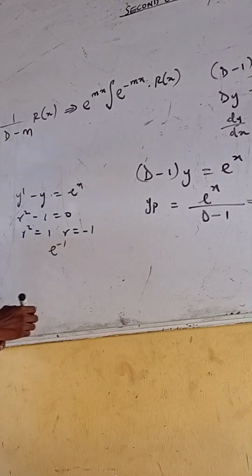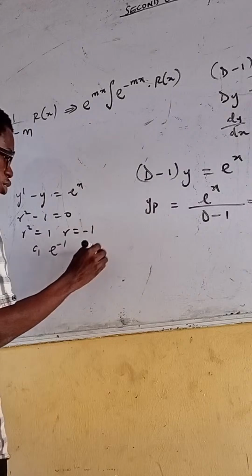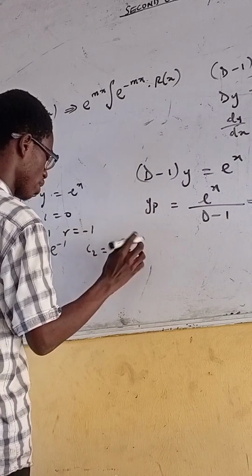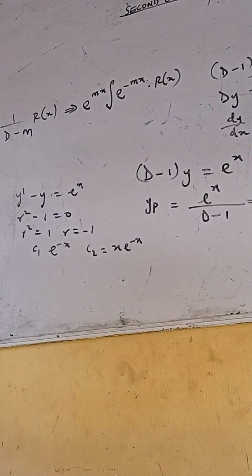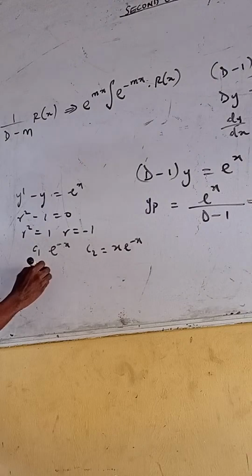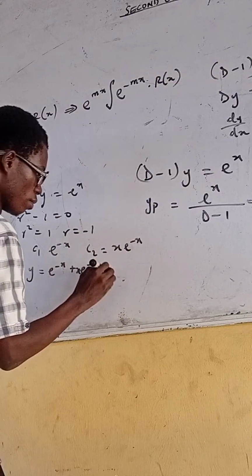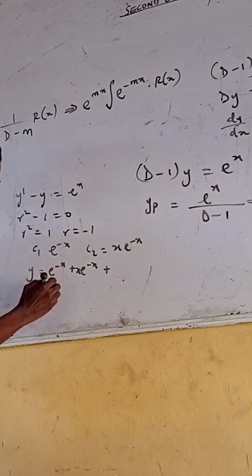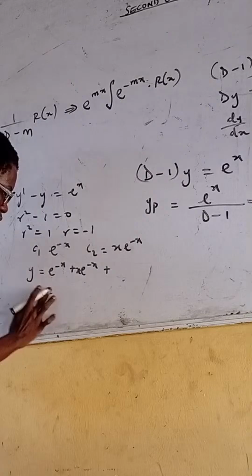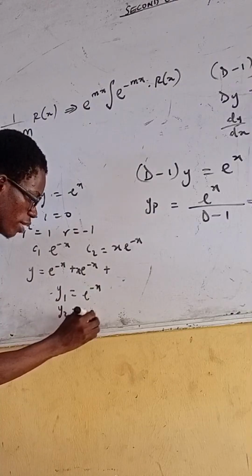The complementary solution has y1 equals e raised power minus x, y2 equals e raised power x, and then the particular solution for e raised power x.